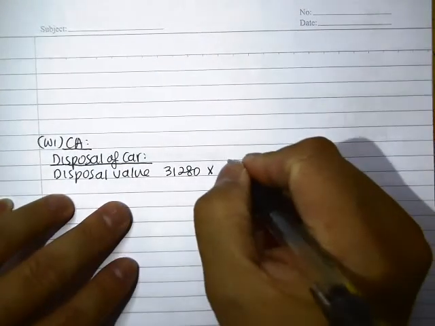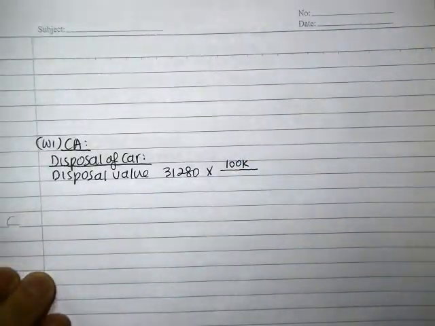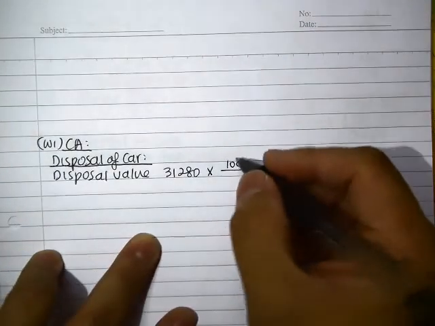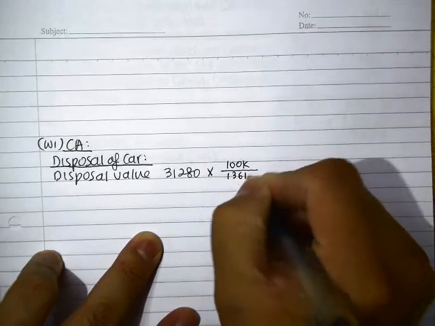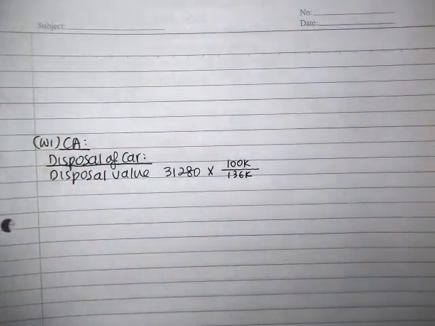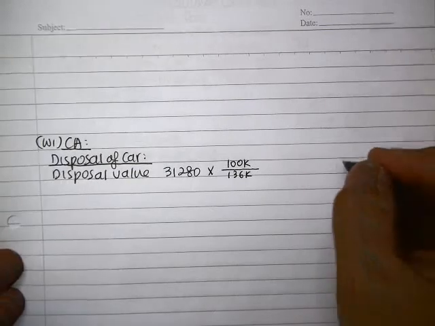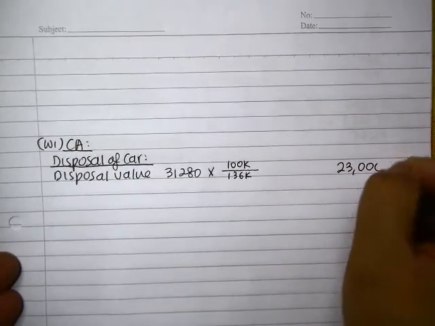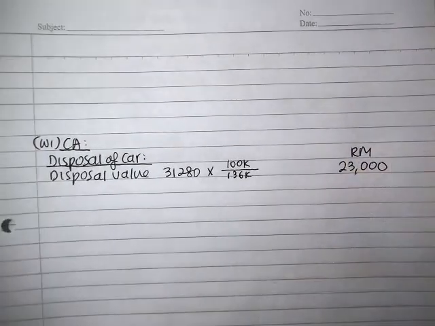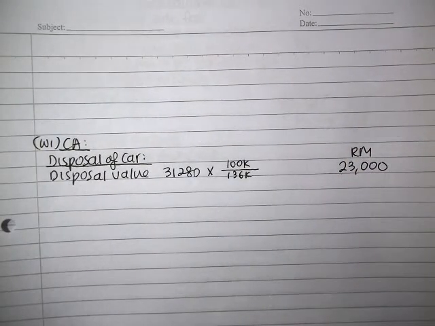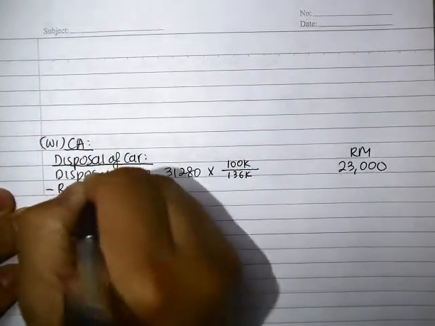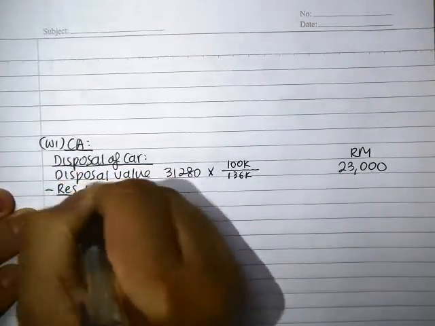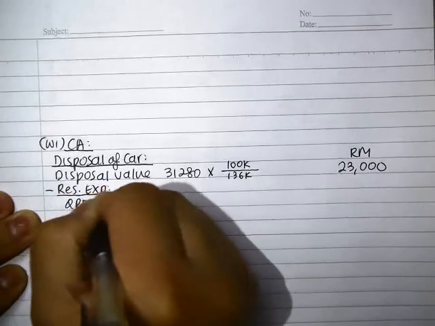If I assume that this is a new car, it will be based on 100,000 divided by 136. So the adjusted disposal value is 23,000. You will have to then take this disposal value minus the residual expenditure, which starts with qualifying plant expenditure.